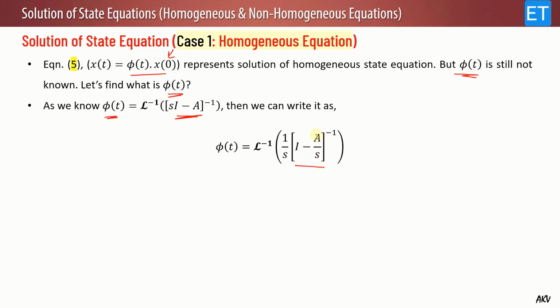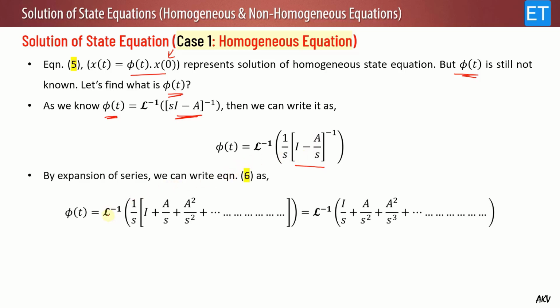By the binomial expansion, I can expand this series, so it becomes Laplace inverse of 1 upon s times the expansion I plus A upon s plus A square upon s square plus A cube upon s cube, and so on. Taking 1 upon s inside, I get I by s, A upon s square, A square upon s cube, like that.